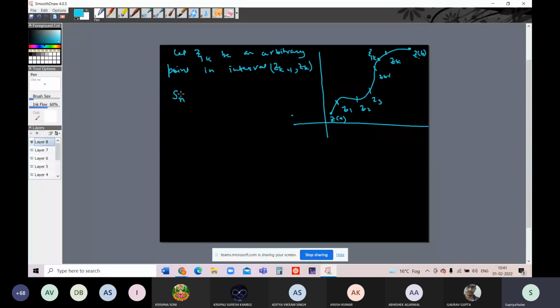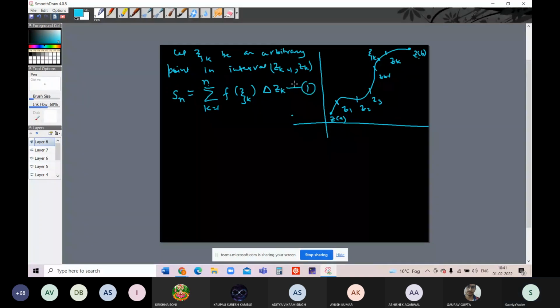defining a sum here as Sn, which is, from k starting from 1 to n, f of xi k into delta jk. Delta jk is the length of the subinterval, the length of this subinterval jk minus 1 and jk.